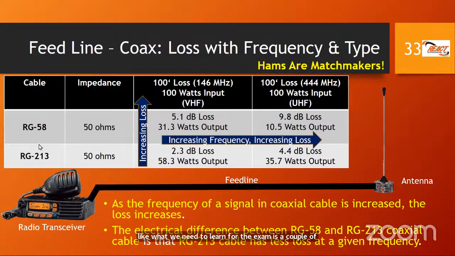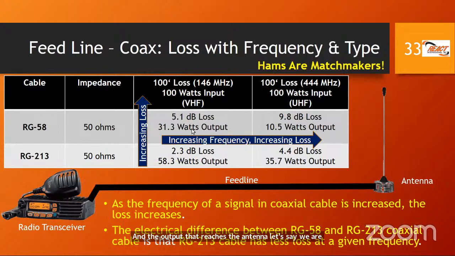So first of all, if we were to look at RG58 cable and we were to use 100 foot of that on VHF, and the frequency we're going to use is 146 megahertz, well, because cable has losses, we will experience a loss of 5.1 dB, and the output that reaches the antenna, let's say we are putting in 100 watts, will be 31.3 watts.